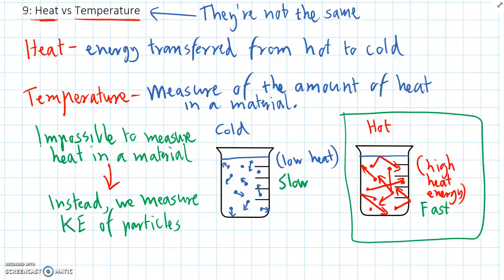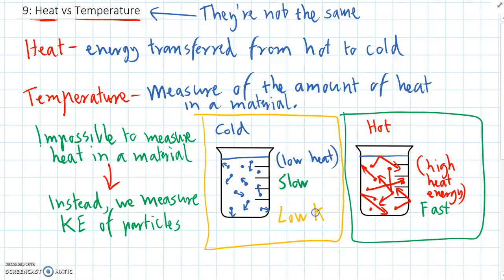Because we know that in a hot material, like hot water, the particles have a lot of kinetic energy and they're flying around really fast. Whereas in a cold material, like this cold water in a beaker, the particles are moving quite slowly, so they have a low kinetic energy.